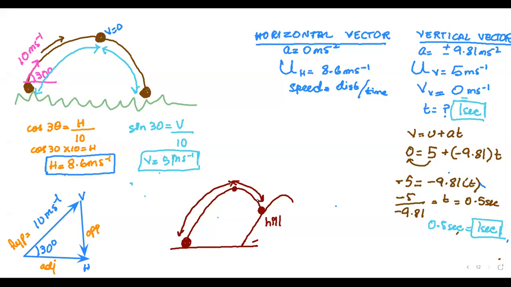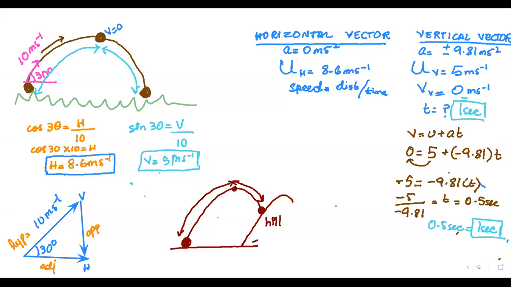I don't have to do it over here because my starting position and finishing position in terms of the ground are the same. So whatever time it took for the ball to go up, the same time it takes for the ball to come down. But, and I will show you guys a question like this, where I have a ball that's going up and then it's landing on top of a hill. So now my situation is different.